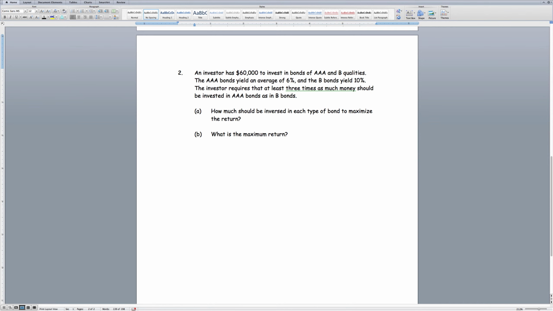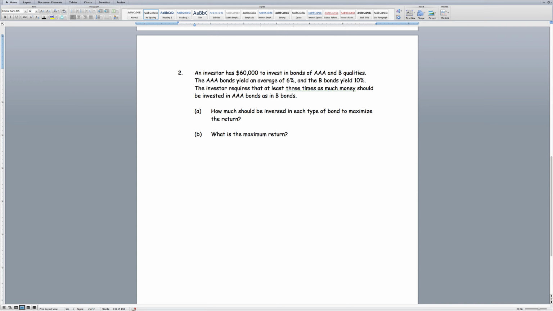All right, guys, so we know right off the bat that our objective function is going to be max z equal something. If we're trying to maximize the return, we're going to take the amount in the AAA.